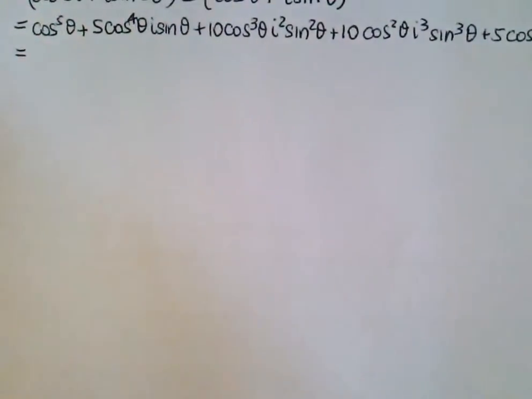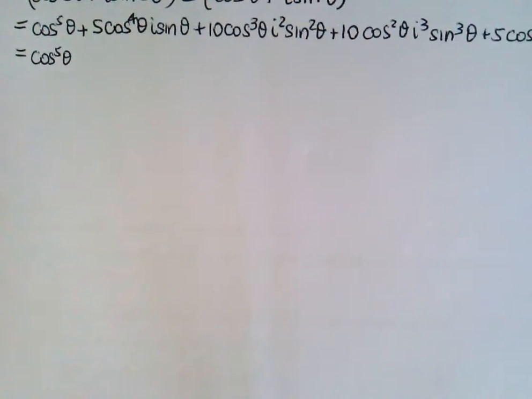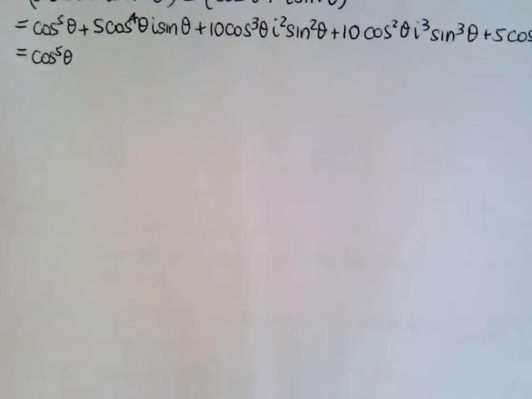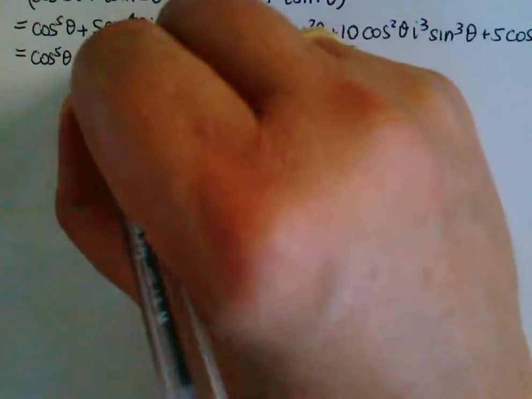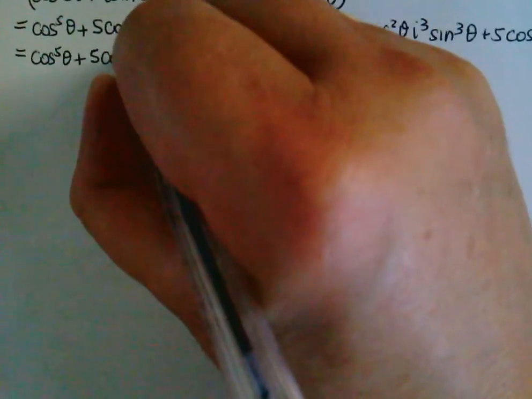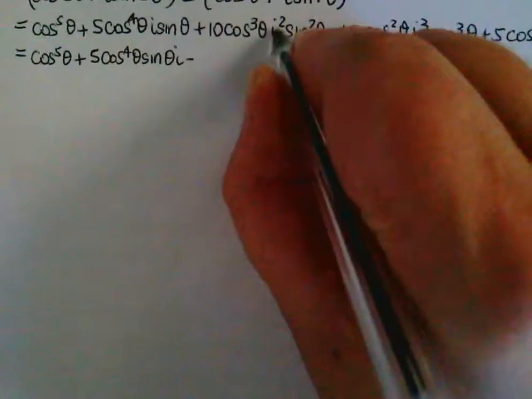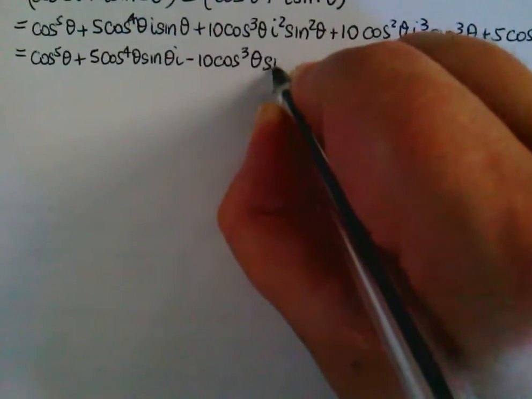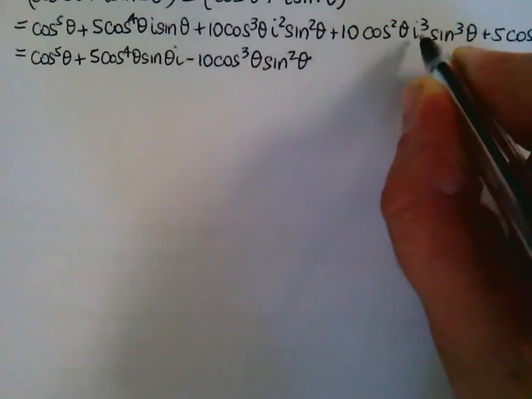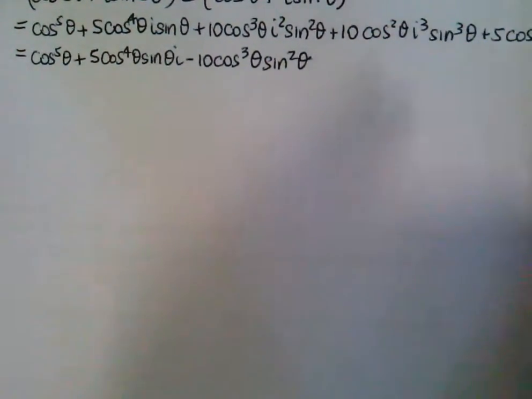Next, we've got cos to the power of 5 theta plus, we can put all the i ones together and the real ones together, it doesn't matter, plus 5, I'm going to put the i on the end, cos to the power of 4 theta sine theta i. Then we've got minus, because i squared is negative 1, minus 10 cos cubed theta sine squared theta. Then i cubed is negative 1, so we've got minus i.